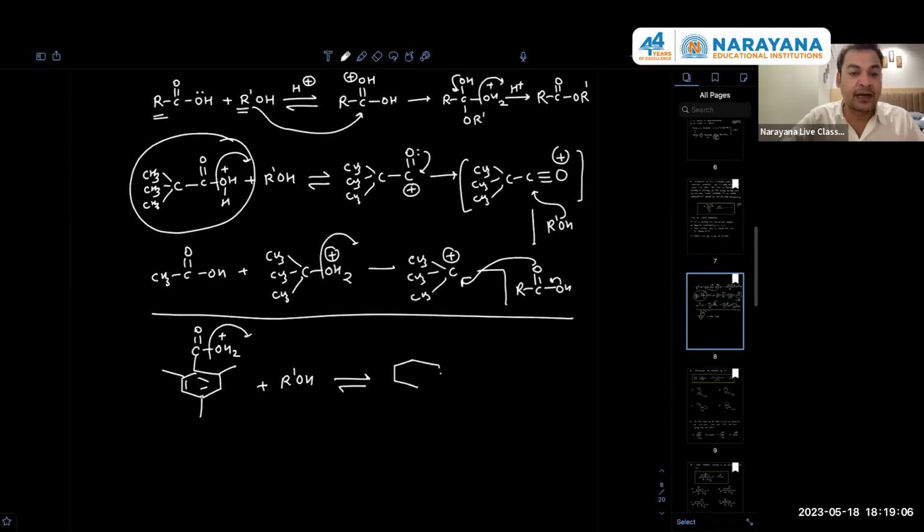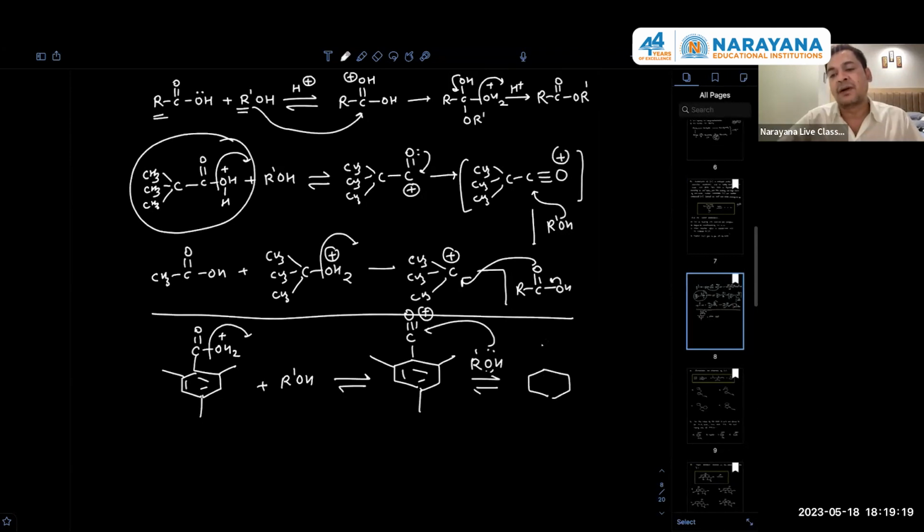You will get acylium here. You will get this type of acylium finally, and now this is less sterically hindered. Your alcohol can easily attack, and you will get the compound like C double bond O, OR, and methyl. The complete process is reversible.